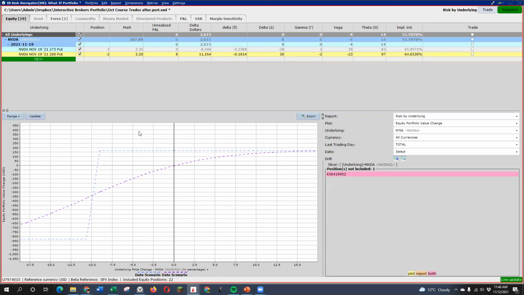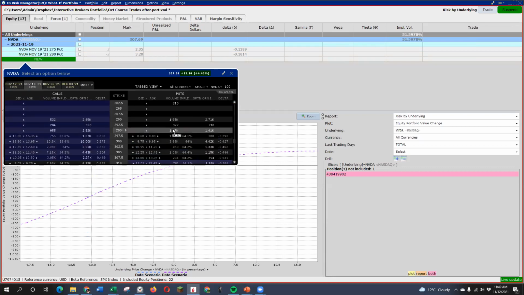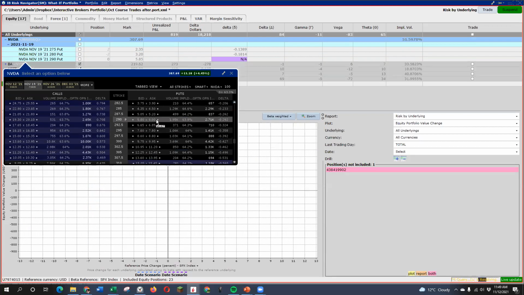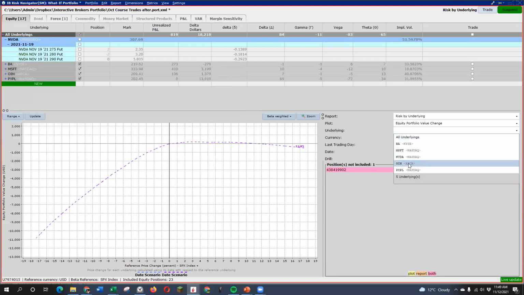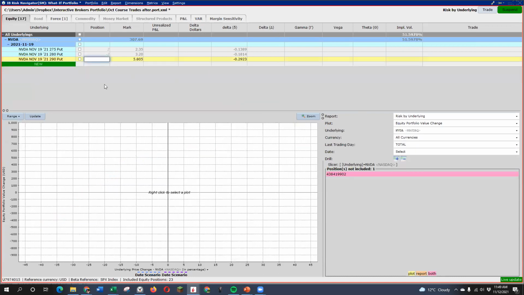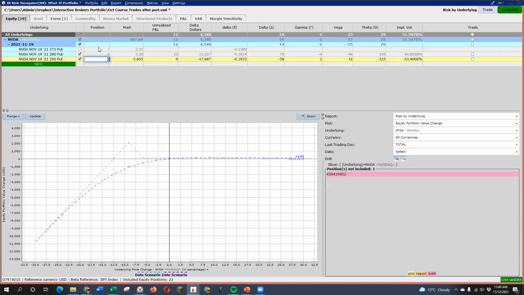Yeah, you could do a put broken wing butterfly. Yeah, let's take a look at that. We haven't really covered broken wing butterflies, but let's take a quick look. So let's say we buy 290, we sell 280, buy 275. Let's see how that looks. So we buy 2 of those, we sell 4, and we buy 2.